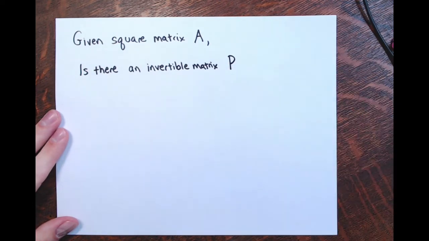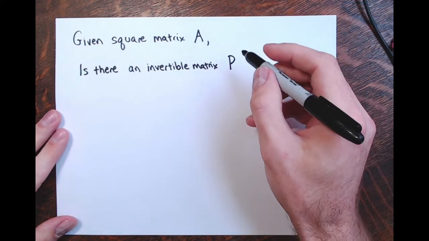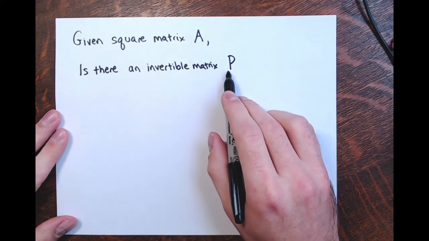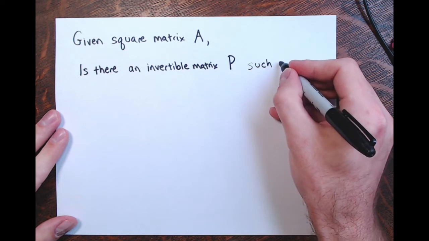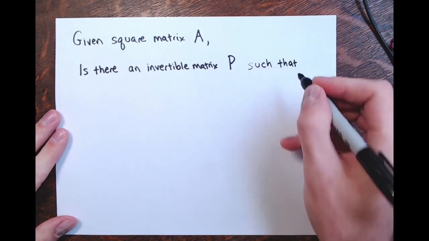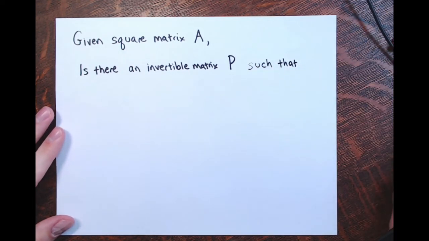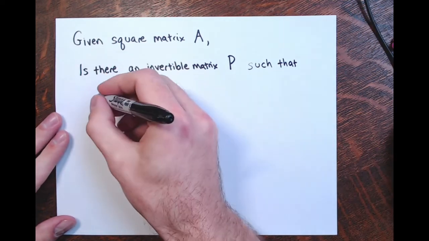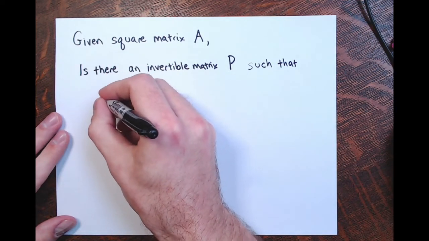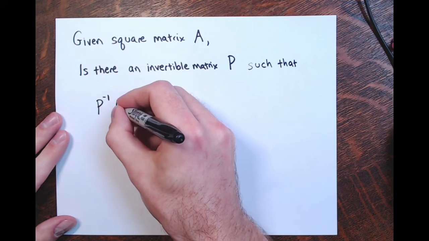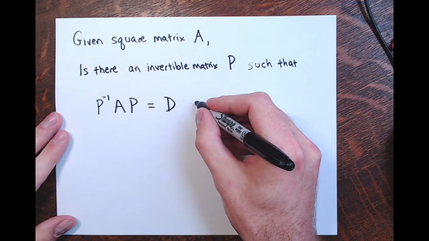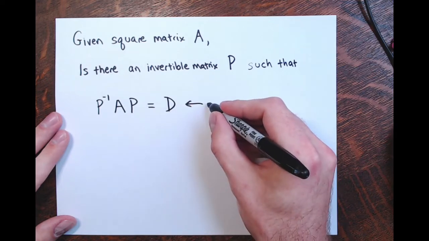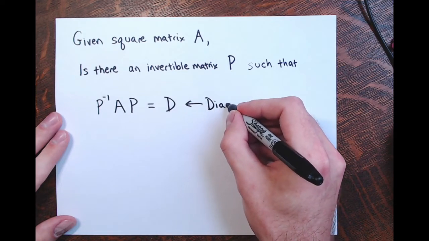I'm using P because they're for some reason changing it to P later in the text. Is there an invertible matrix P such that P inverse times A times P equals D, where this D here is a diagonal matrix?